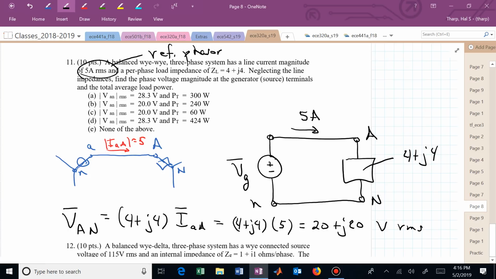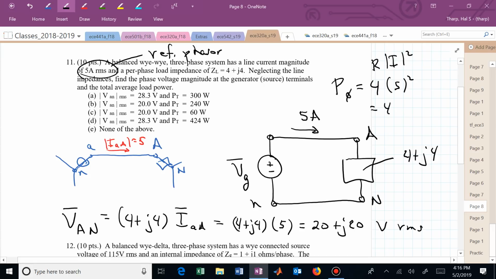Now we have to find the power, but this would only be the power in one phase if we did something like Z times I squared. In this case, it's just the real power. So P in the phase is R times I squared.